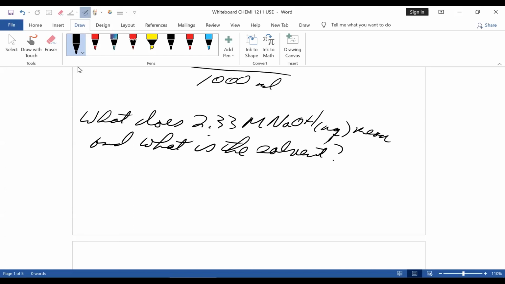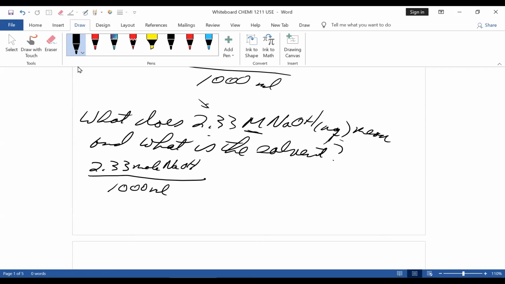And what does 2.33 capital M NaOH bracket AQ close bracket mean? And what is the solvent? Well, first of all, this tells you 2.33 capital M, molarity, moles solute, in this case, sodium hydroxide, per 1,000 milliliters.